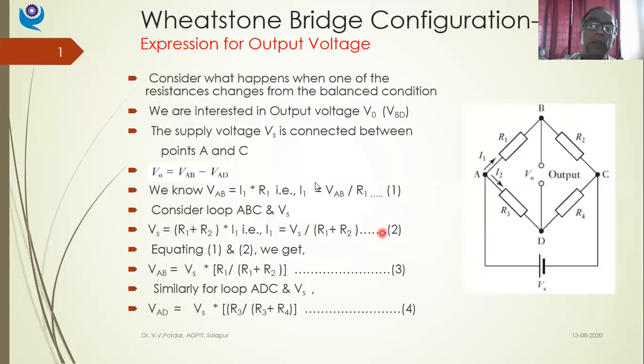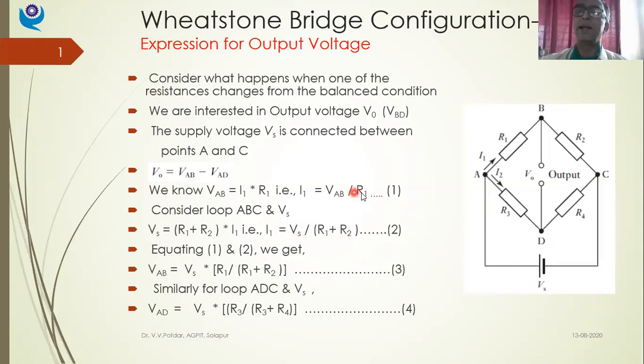Now both equations 1 and 2 correspond to I1, so we can equate them. What do we get? Equating these two equations and solving for VAB: VAB upon R1 is equal to Vs upon R1 plus R2.